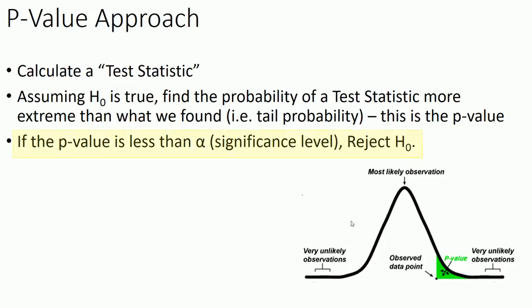If the p-value is small, if it's less than alpha, we reject the null hypothesis. So a small p-value, a small plausibility value, means unlikely null hypothesis, rejected. A big p-value, we do not want to reject the null hypothesis.